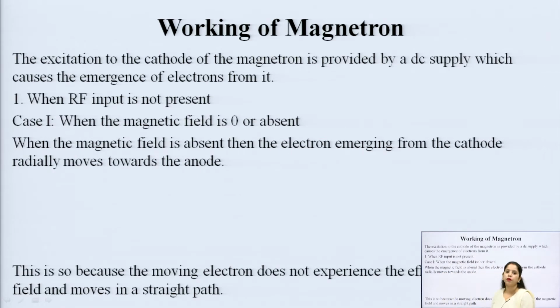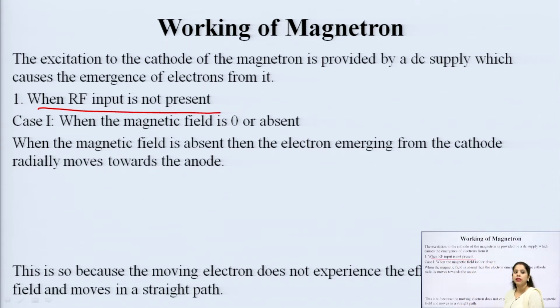Now comes the working of a magnetron. As we have seen, there exists a cathode, an anode, and in between there are cavities and the interaction space. First of all, we divide the working of the magnetron into two parts: when RF input is present and when RF input is not present. First we will take when RF input is not present.